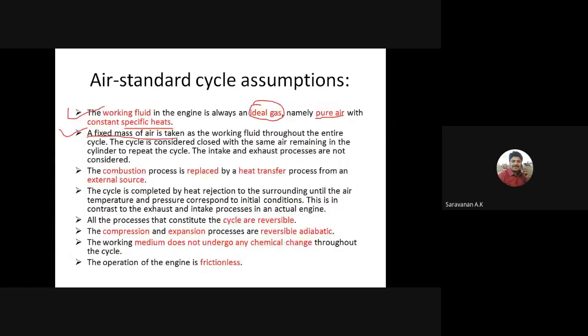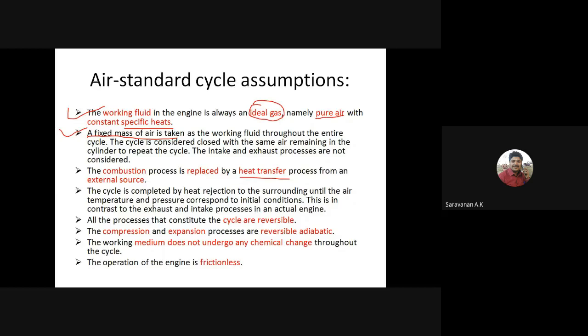Then the combustion process is replaced by a heat transfer process. For the Otto cycle, heat is added in a constant volume process, whereas in diesel engines the heat addition takes place in a constant pressure process.